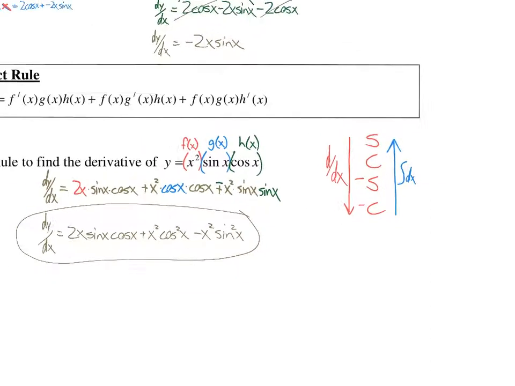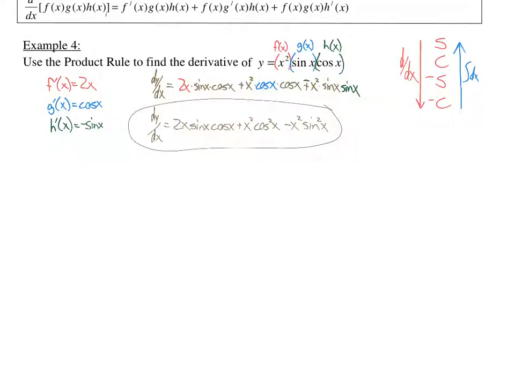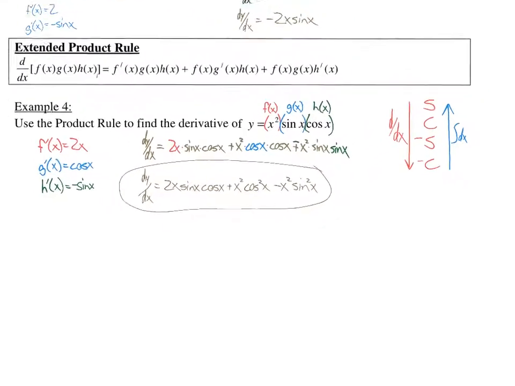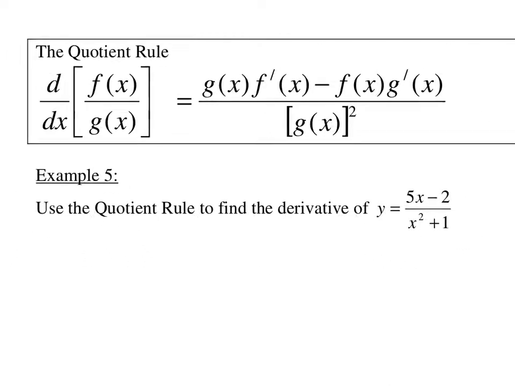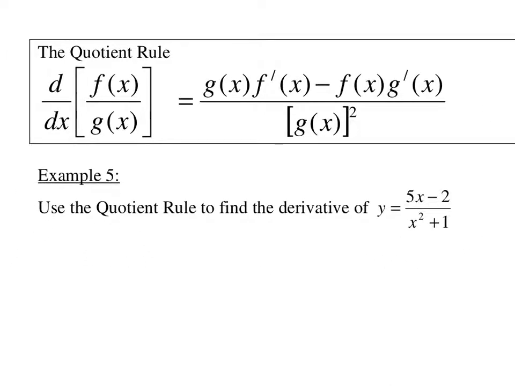Alright, so last thing here I want to look at is our quotient rule. We've done multiplication. Now we're going to have to do division. So how do we take the derivative of a function divided by another function?